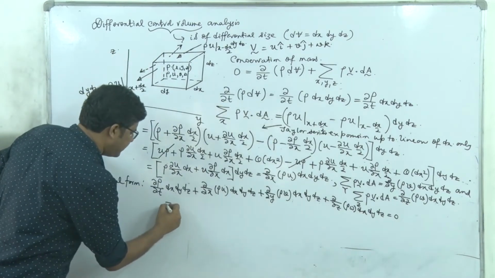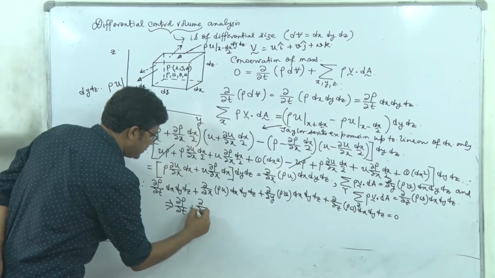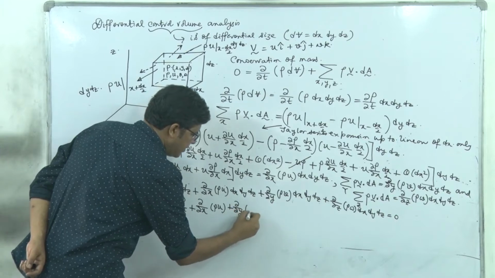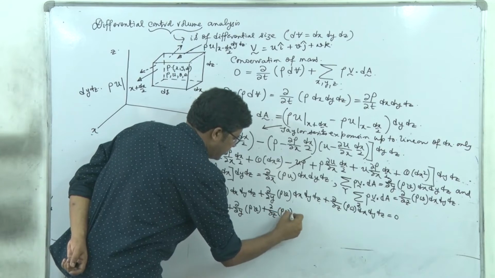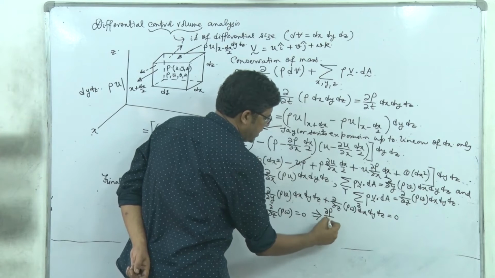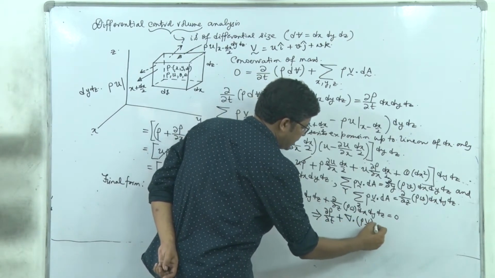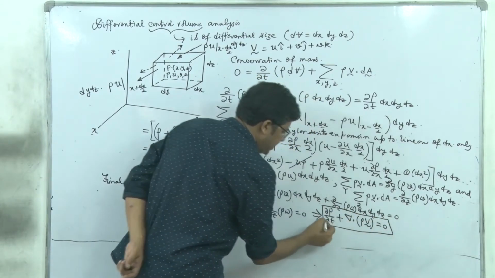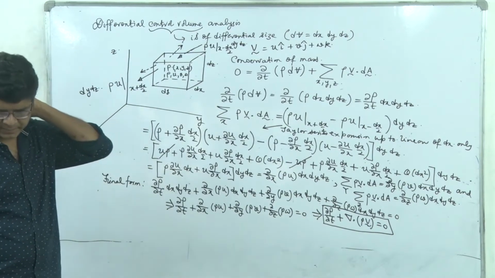From here we can write del rho del t plus del del x of rho u plus del del y of rho v plus del del z of rho w equal to 0, and in vector form it will be del rho del t plus del dot rho times the velocity vector equal to 0. The same form we obtained via integral analysis as well. So that is the continuity equation.